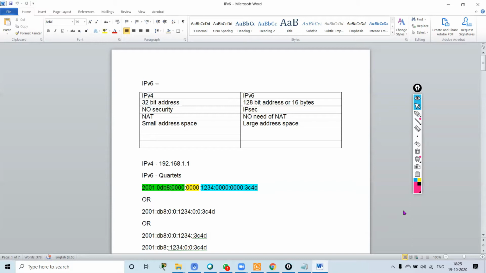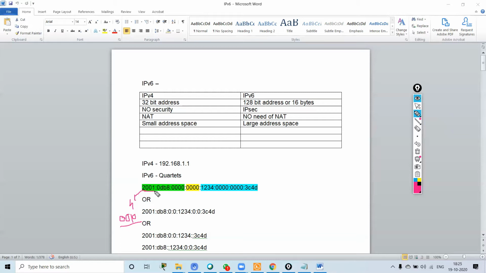The first 64 bits, in the sense, how much is one number? One number is of 4 bits. See, if I want to write 2, this is of 4 bits: 0, 0, 1, 0. So each digit, each number, is of 4 bits.